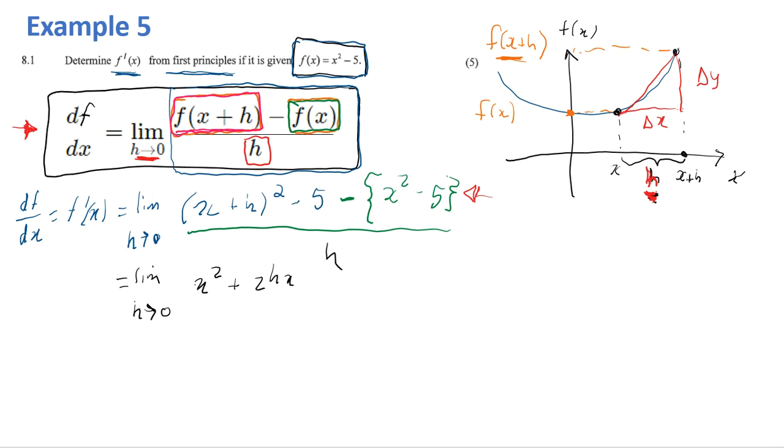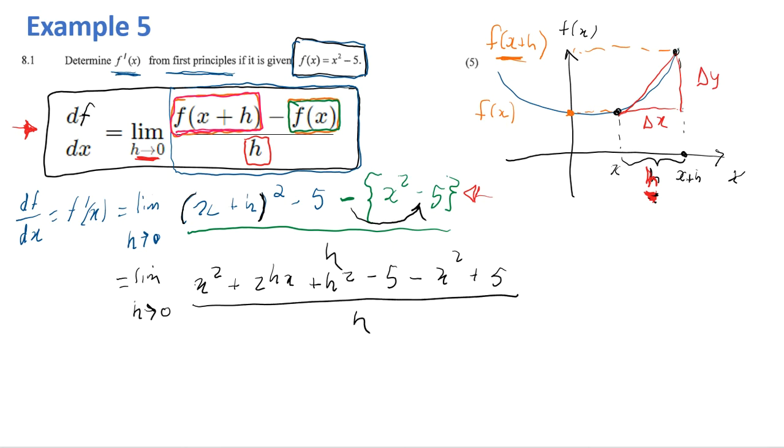Let's not skip ahead of ourselves. Plus 2hx, so I'm multiplying this bracket by itself, plus h squared minus 5 minus x squared. And I'm taking that minus into the bracket here, so it becomes plus 5. Okay? And everything divided by h.